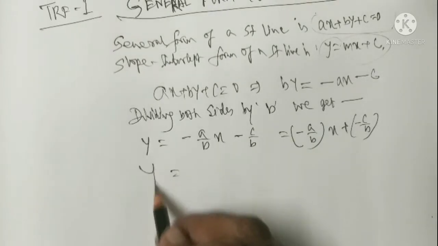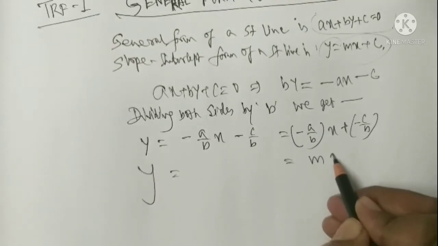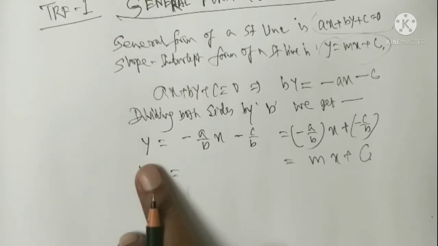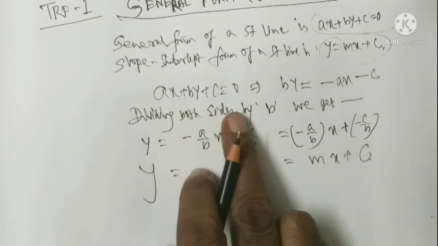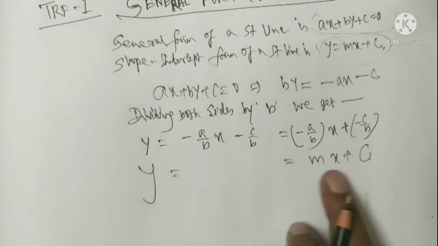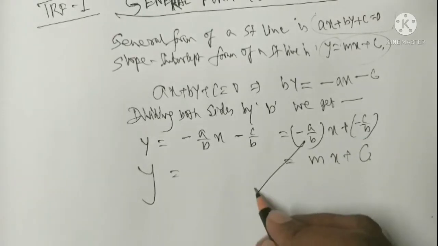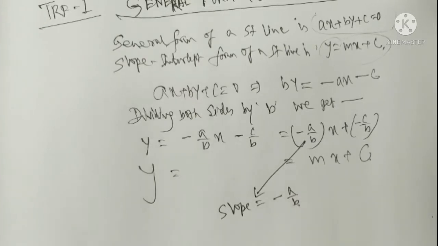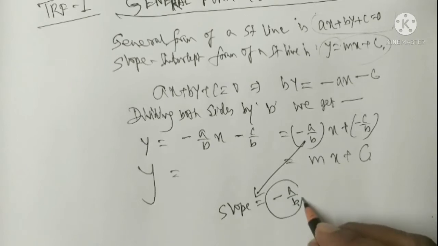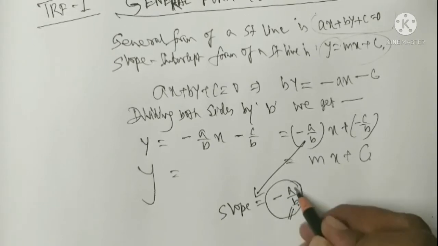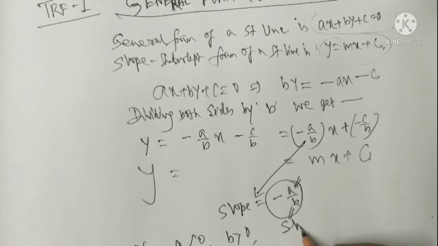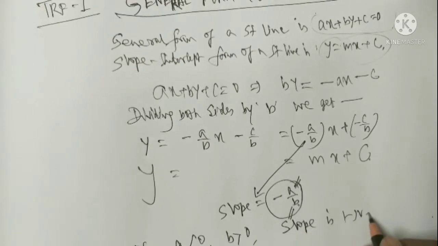If I consider this y equals to mx plus c, then our mission is complete. The previous equation was ax plus by plus c equals to 0. Now it has been transferred to y equals to mx plus c form. Here slope equals to minus a by b, and the magnitude of slope depends on the sign of b and a itself. If a negative, b positive, slope is negative.